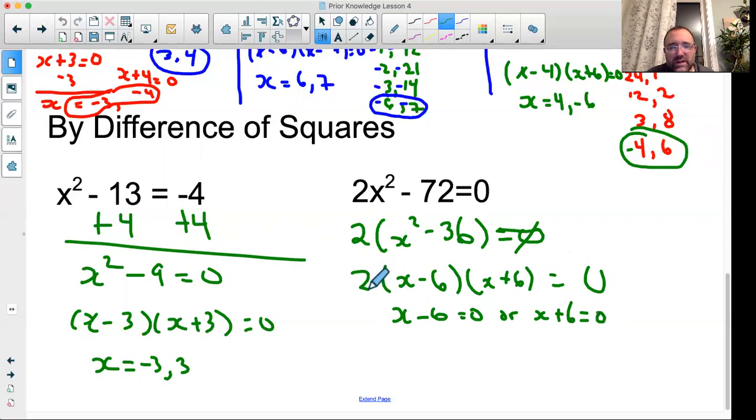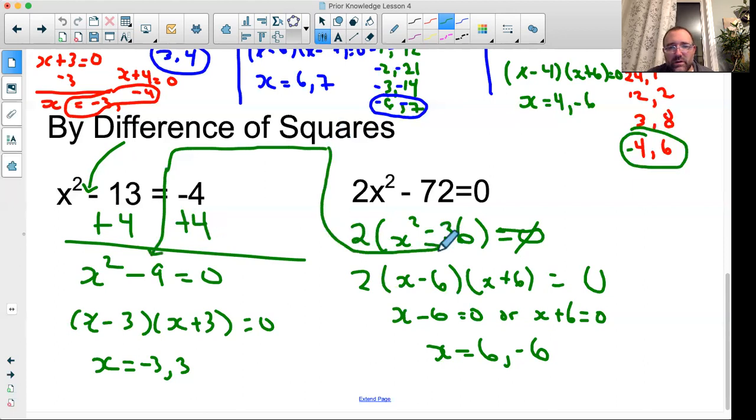Now the 2 that has nothing associated with it is just a constant or a coefficient in this case, so it does not play a factor. So x equals 6, comma, negative 6. Difference of squares, always with a difference. This is where that's coming from, and the square number is where this number is coming from, right over here. And then you always have the same pattern.